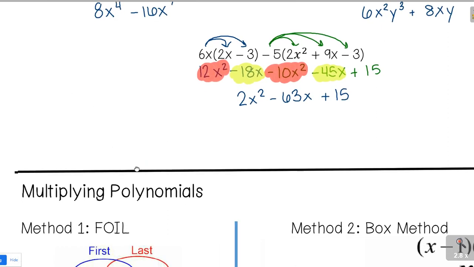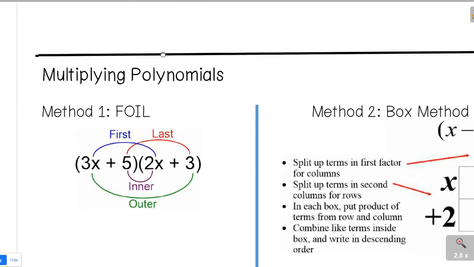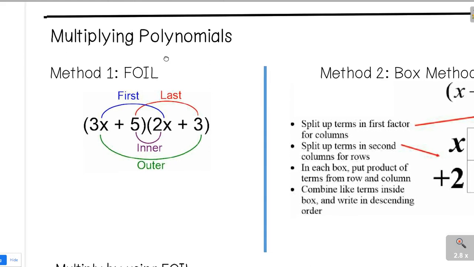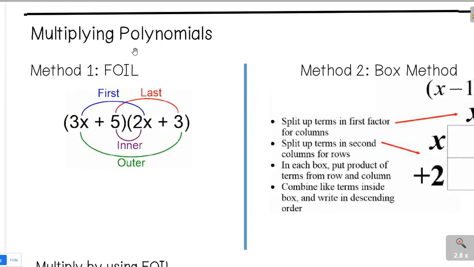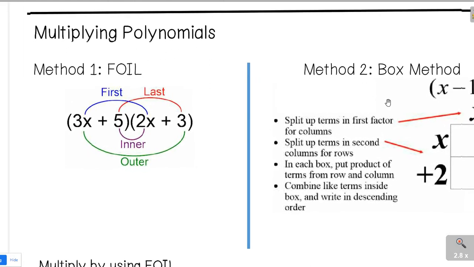Now, when we are just multiplying polynomials, there's two methods we're going to look at. First one is the FOIL method, second would be the box. So the FOIL method uses first, outer, inner, last for multiplying. So the first, you're doing 3x times 2x, the very first terms.